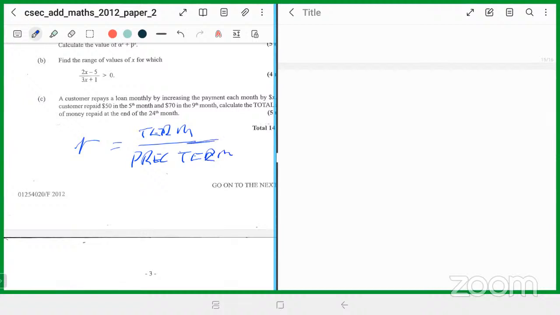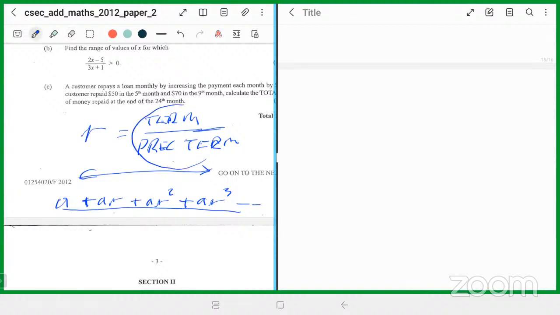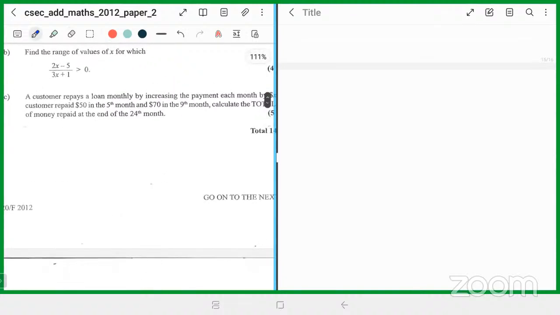Or another way, you can show that the series can be expressed in the form A plus AR plus AR squared plus AR cubed, and so on. But most times I just show that it has a common ratio by dividing a term by the preceding term throughout. I'm sure once we start to work, we'll see a couple examples like that. All right, let's look at this one though.